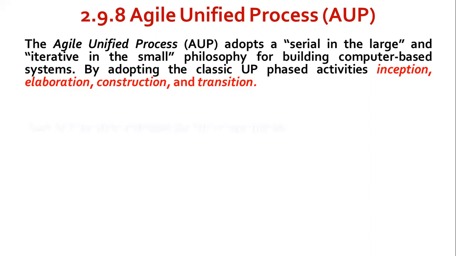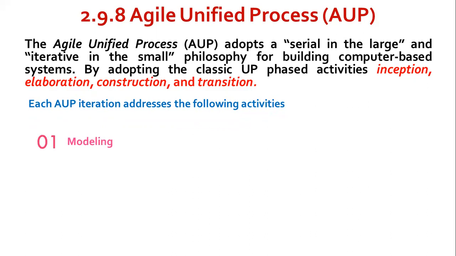Here, each AUP iteration addresses the following activities. First one is modeling. Here the UML representations of the business and the problem domains are created. Second, implementation: models are translated into source code.